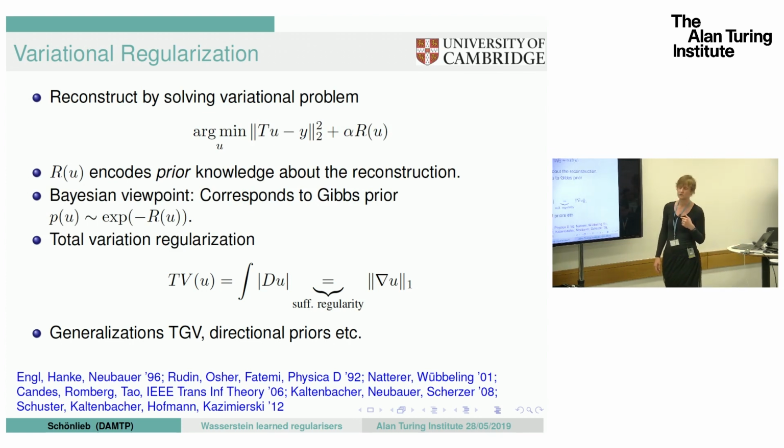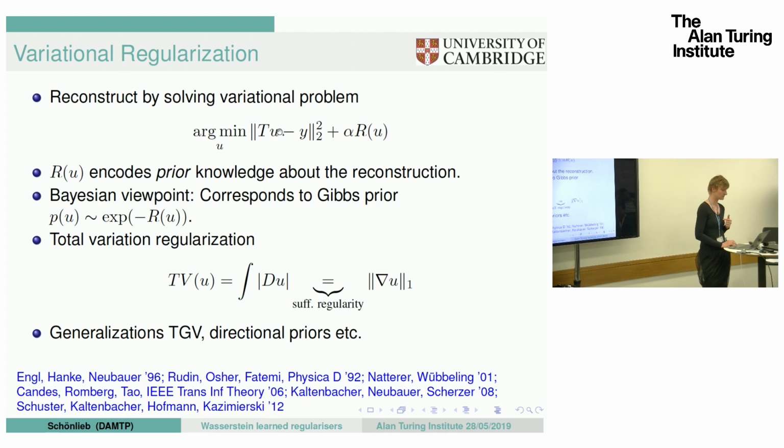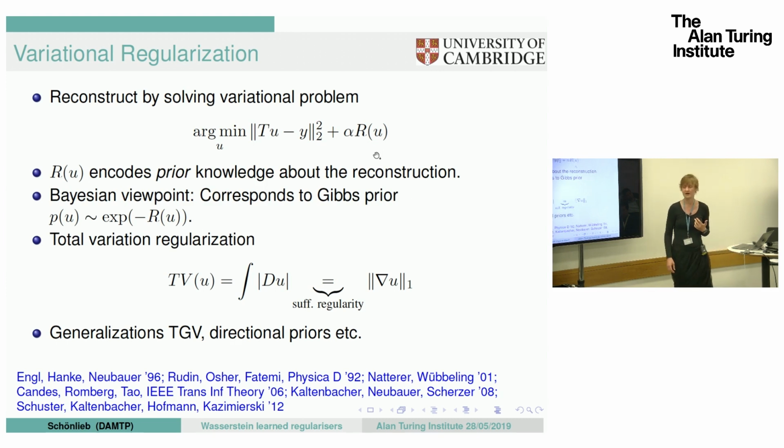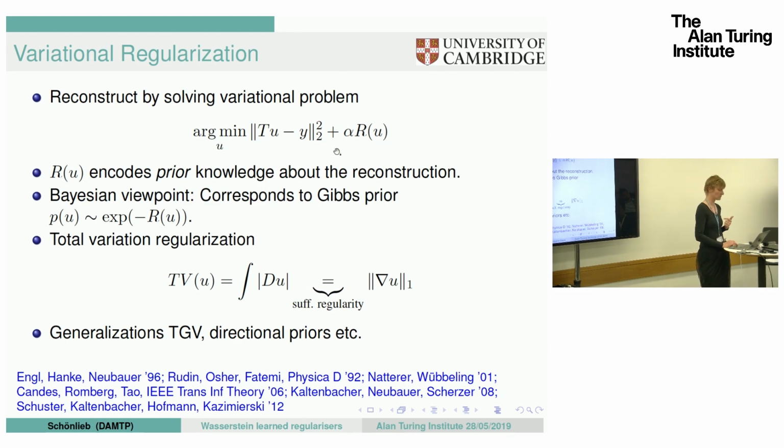So you add to the equation we started out with, Tu plus epsilon equals y, some prior assumption you have about the type of U's that you want to reconstruct that fulfill such a relation. And you cast this in terms of a regularization procedure. Okay?